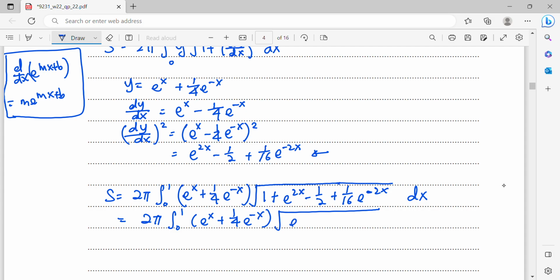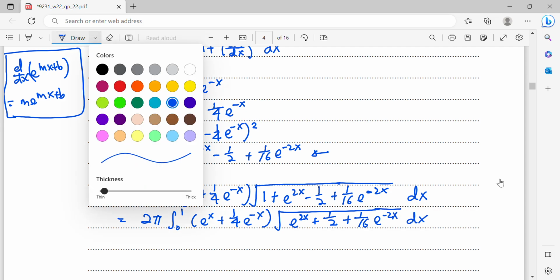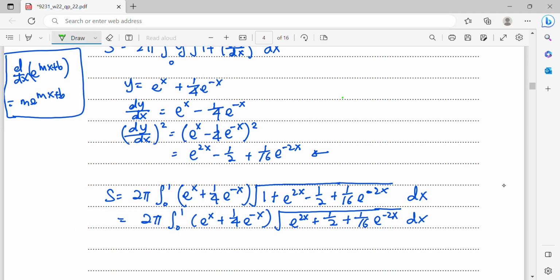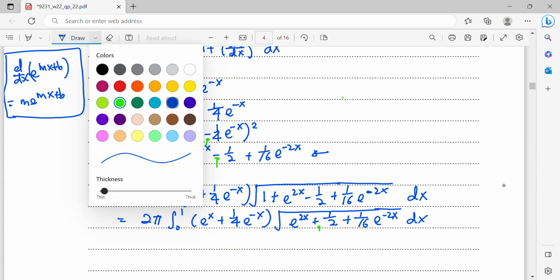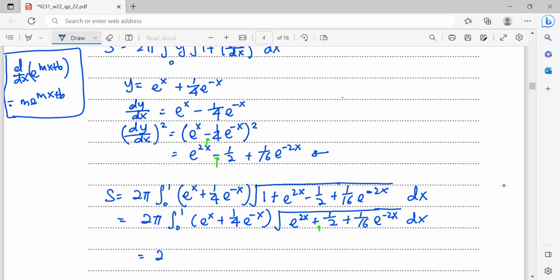So I will rewrite the exponential to the power of 2x, then the second term becomes plus half. Okay, so now, when you check, the square of the minus would give minus half in the middle. So now we are getting plus in the middle, which means this is basically the square of the positive.